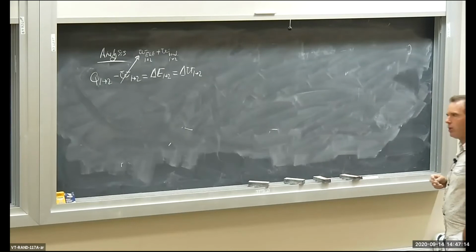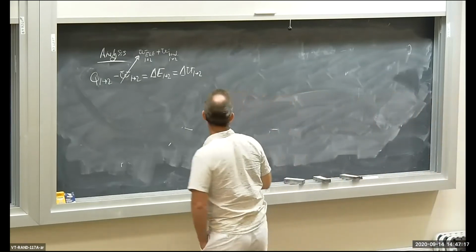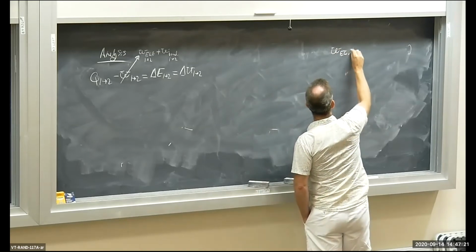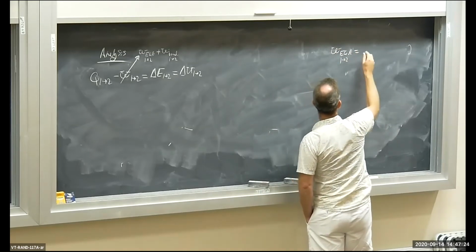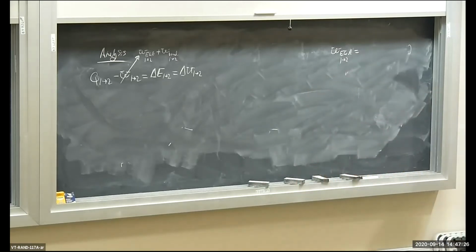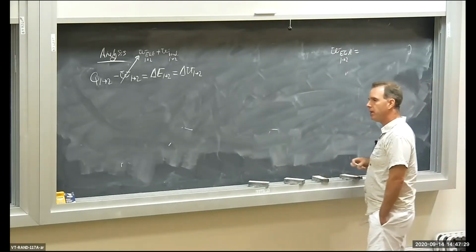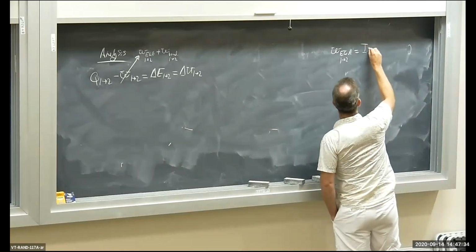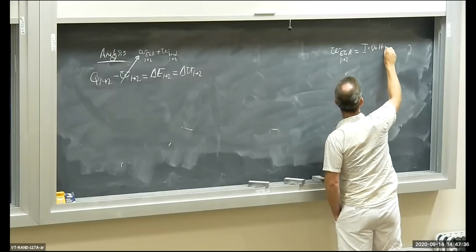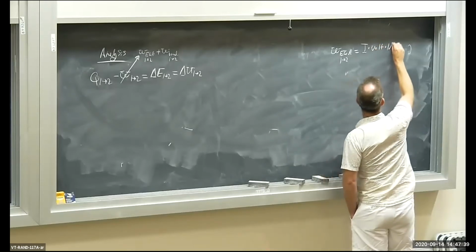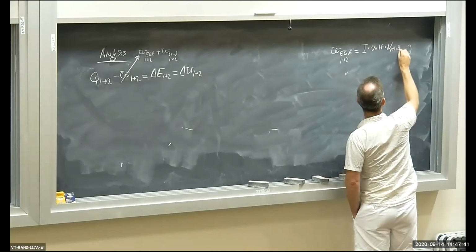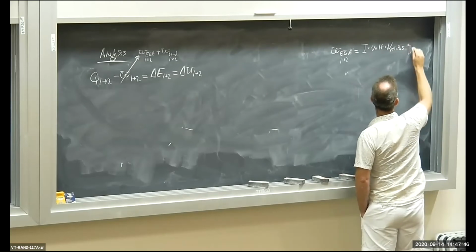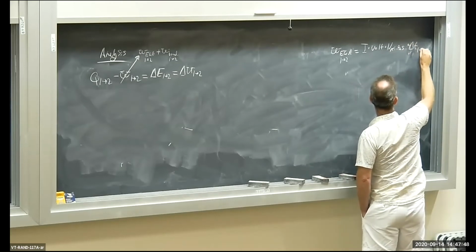Now let's figure out what this electric and boundary work is. W electric from 1 to 2, well, that's going to be equal to the current times the voltage, so I times the voltage times the number of resistors times the time in which they're on, delta T 1, 2.